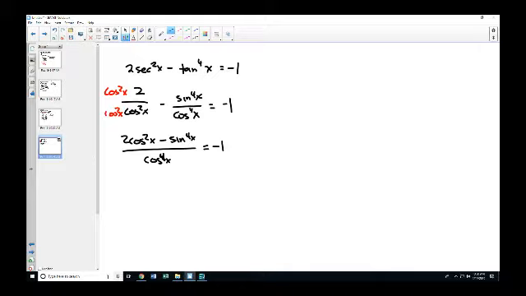Okay, multiply by cosine to the 4th to get rid of the denominator. Yeah, you can do this. Rational function, get rid of the denominator.